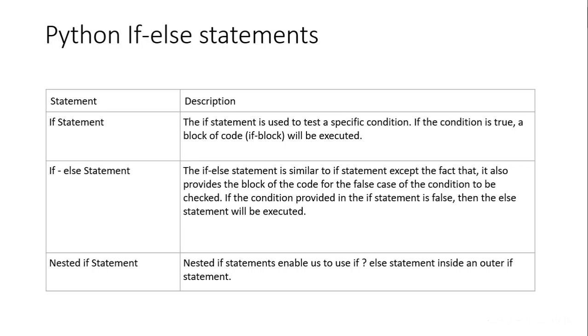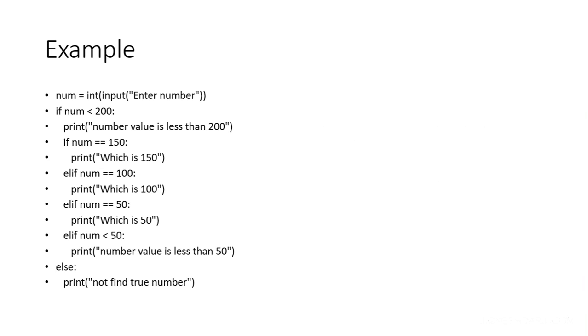So let's check one example of how we can write the code for an if else statement in Python. This is one simple example, taking one number from the user and checking whether the number is less than 200, then it displays that the number value is less than 200, and if the number is greater than 200, then it goes to the else statement.